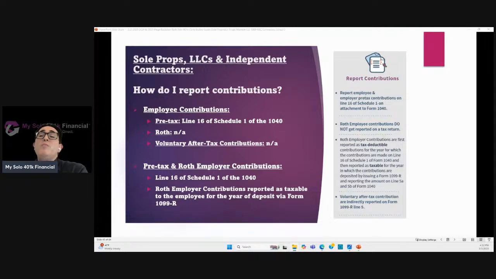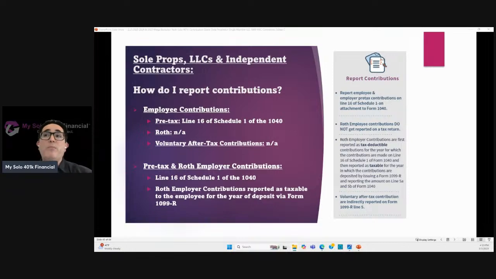So one could be making employer contributions for 2024, but depositing those contributions in 2025. So per IRS Notice 2024-2, employer contributions made for 2024 are going to be tax deductible on the employer's return for 2024, but taxable to the employee for the year of the deposit.